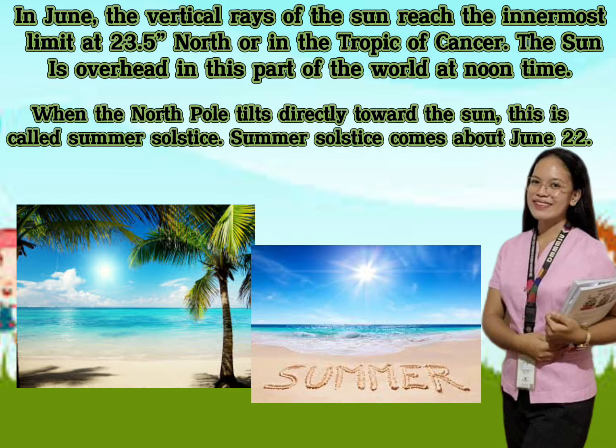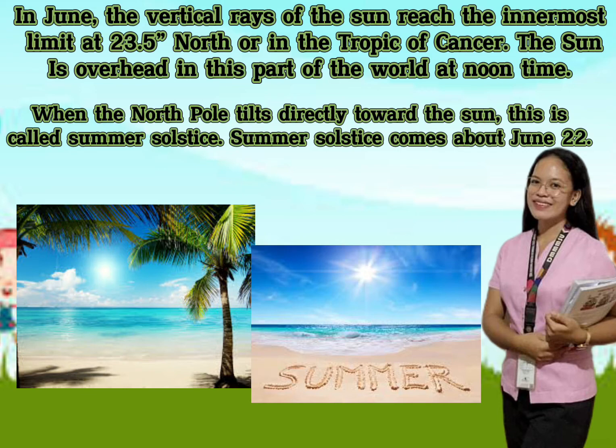In June, the vertical rays of the sun reach the innermost limit at 23.5 north, or the Tropic of Cancer. The sun is overhead in this part of the world at noontime. When the North Pole tilts directly toward the sun, this is called summer solstice. Summer solstice comes about June 22.